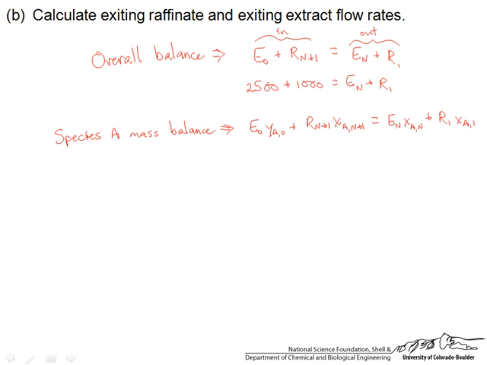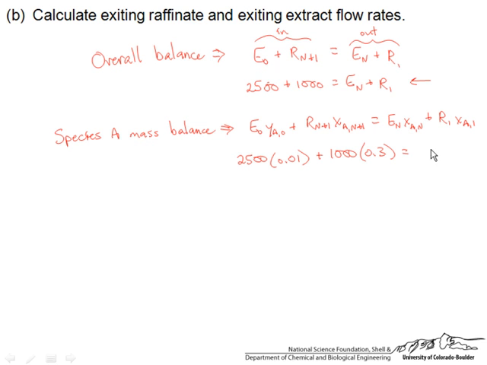And from the plot, we know a lot of these values. 2500 times 0.01, and 0.01 is given in the problem statement, is that the solvent has 1 weight percent acetic acid, plus Rn+1, which is 1000, times xA,n+1, which is given in the problem as 0.3. That equals En, and we'll just get En from this mass balance up here.